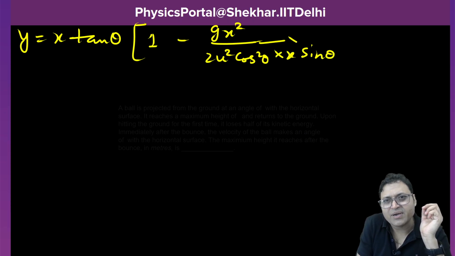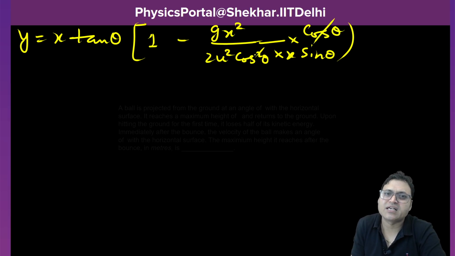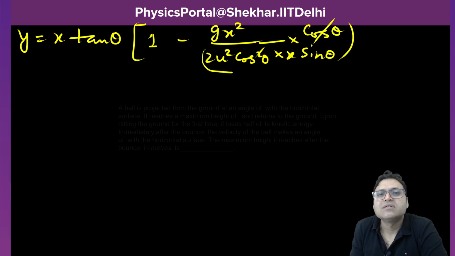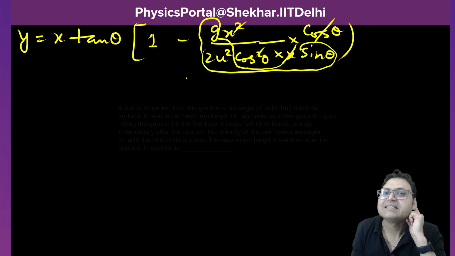So sin theta by cos theta. The cos theta gets cancelled out with this cos theta, and so 2 sin theta. The x gets cancelled out with this x also, 2 u square sin theta.